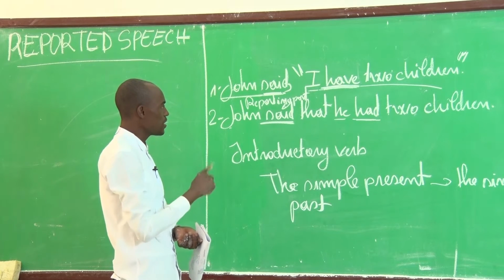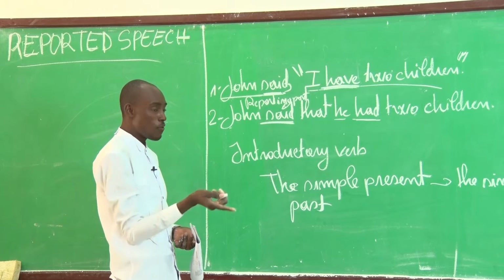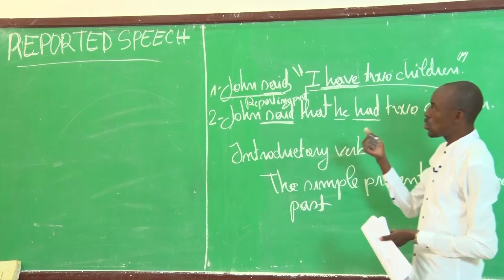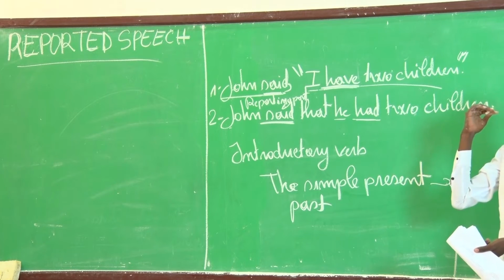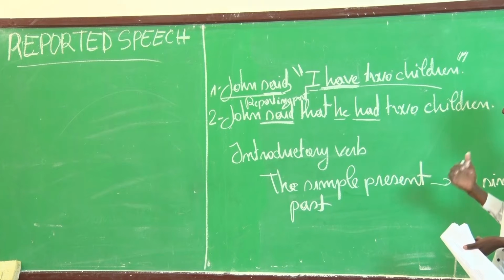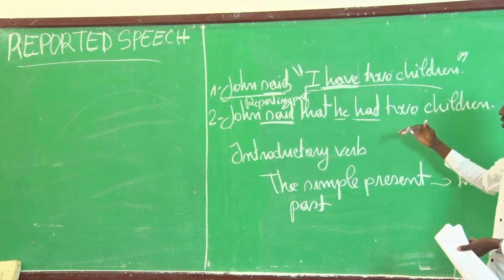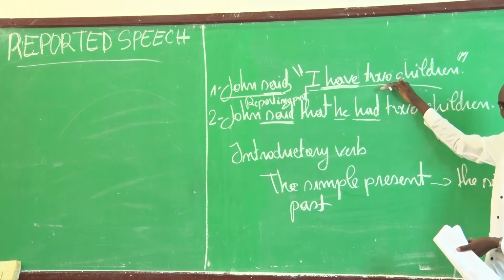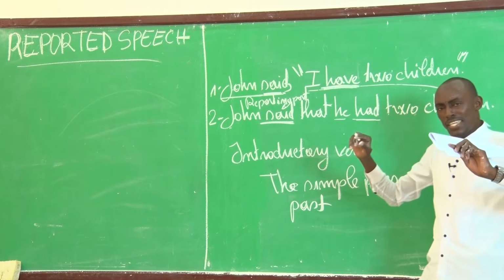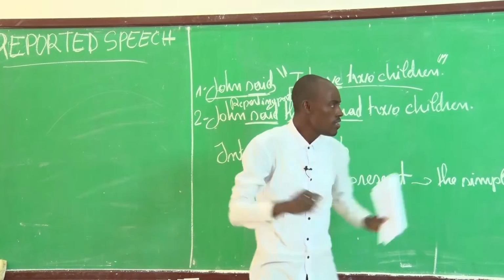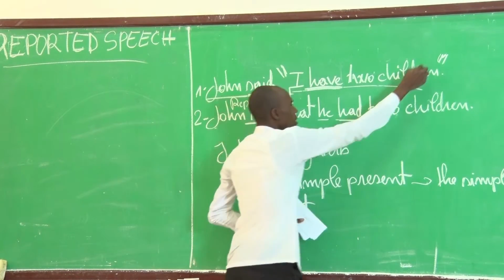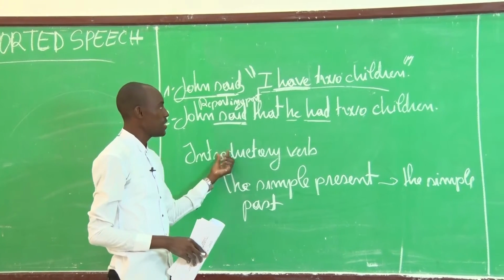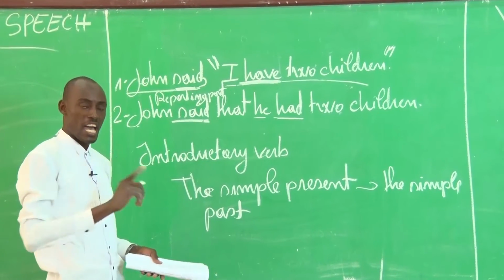This is the difference between direct speech and indirect speech. Reported speech is also called indirect speech. In direct speech, the speech is between inverted commas, and in reported speech, they disappear.